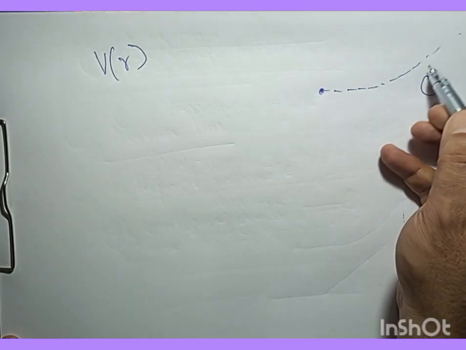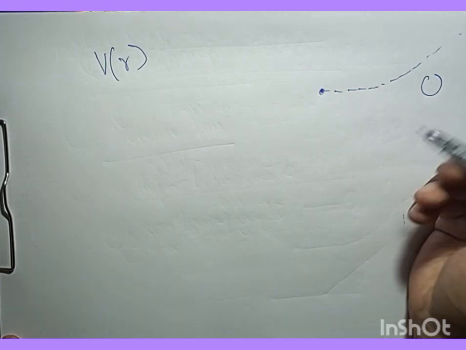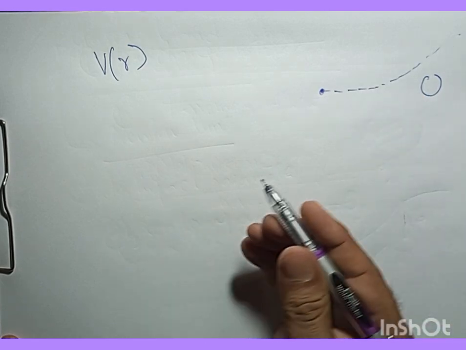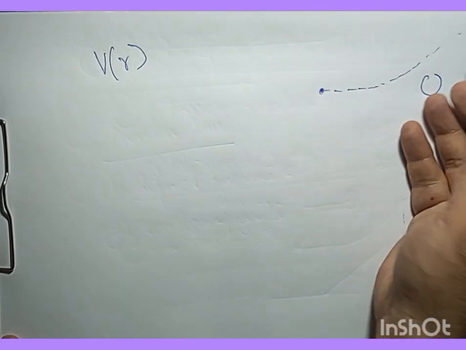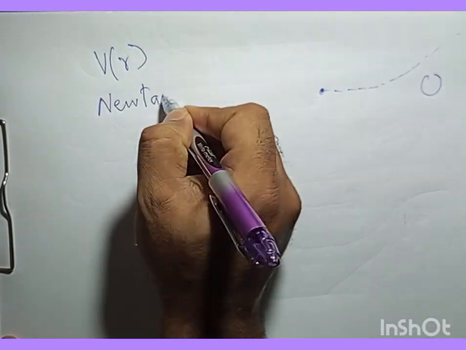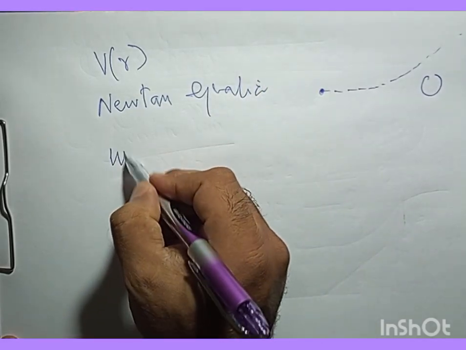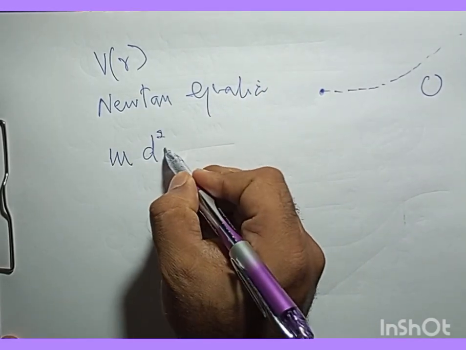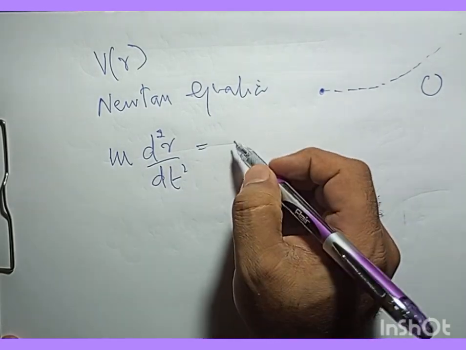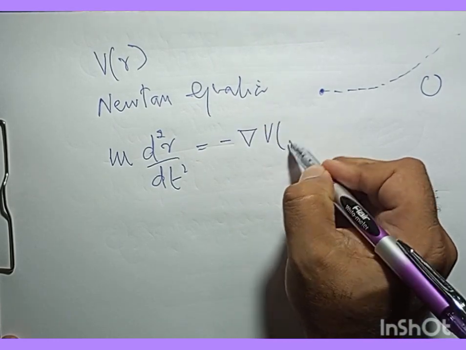And to describe this deflection, what we do is we simply compute the classical trajectory of the particle. And how do we calculate that? We calculate the classical trajectory using Newton's equation. And what's that? Mass times acceleration is force, and force is the negative gradient of potential energy.